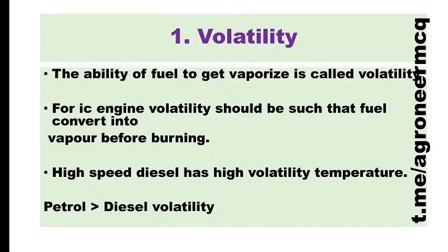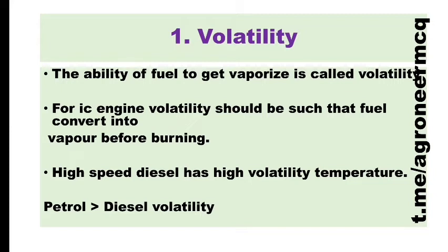If we have any liquid like water, oil, etc., at a certain temperature it converts into vapor. Likewise, water converts into vapor at 100 degrees centigrade. So the volatility of water is marked at 100 degrees centigrade. Likewise, various fuels have different temperature ranges where they convert into vapor.